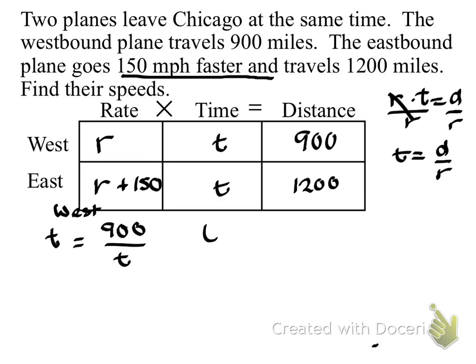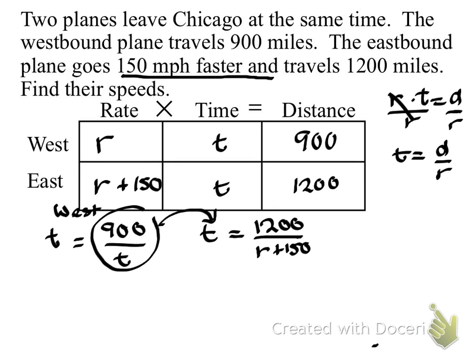And the other one is equal, T equals what? 1,200 over R plus 150. And if they're equivalent, can't we do substitution? Right? So we get 900 over T equals 1,200 over R plus 150. And now, how do we solve it?